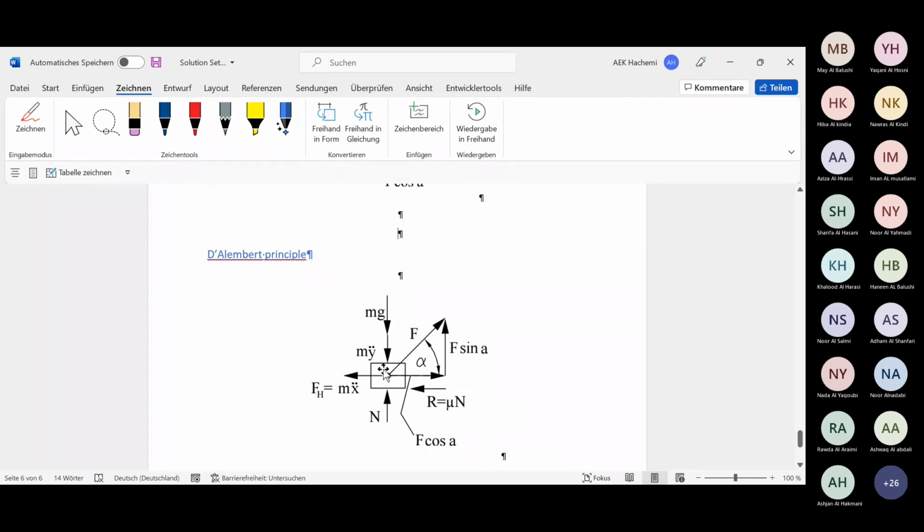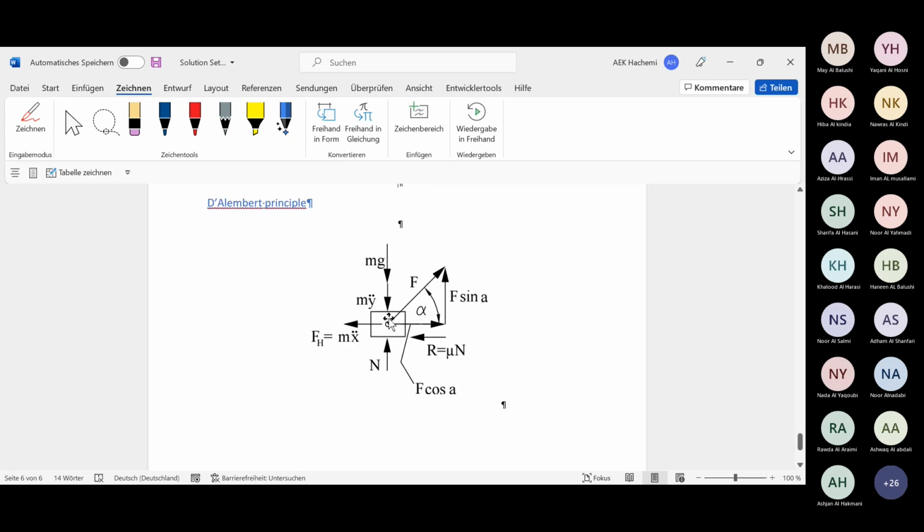We have the same external forces: the friction force, the normal force, the cable force, and the weight mg.